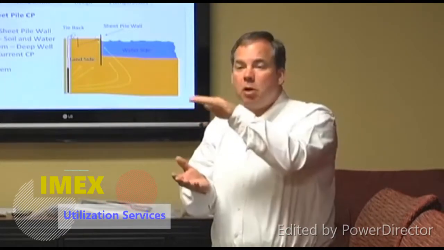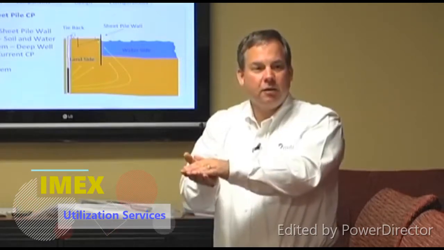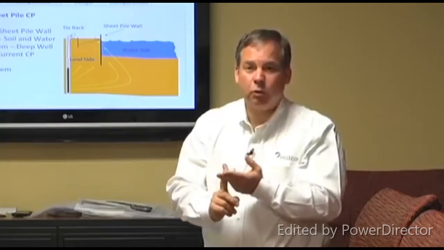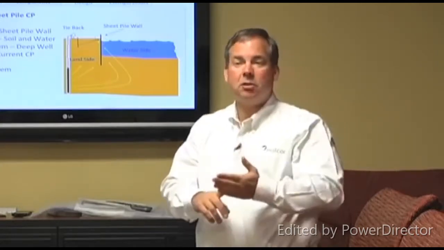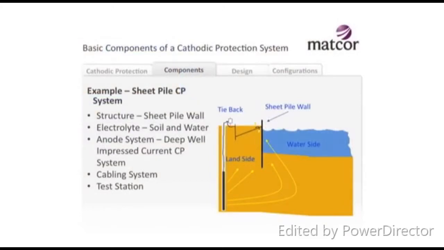There's also a small area where there's the atmosphere, and as tides go up and down, that could change in its height. That's the area you can, one, visually inspect, and it's easiest to get to and repair if you were to have corrosion. And two, you can paint that, or in many cases, the iron oxide actually becomes a coating in effect. You'll get a thin layer of rust, and that actually becomes a coating. That's very common in the type of steel that they're using for these sheet piles.